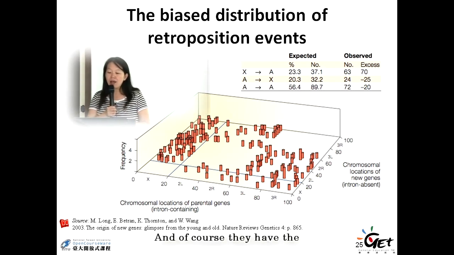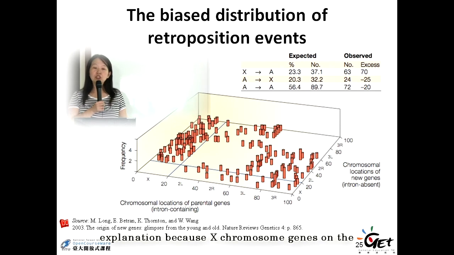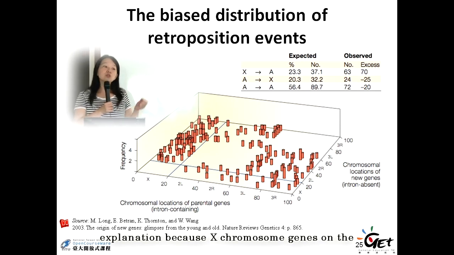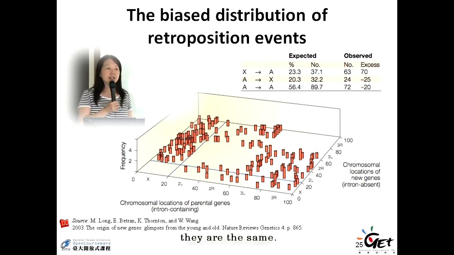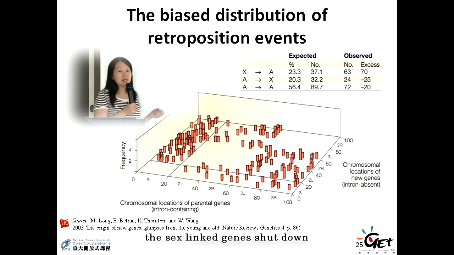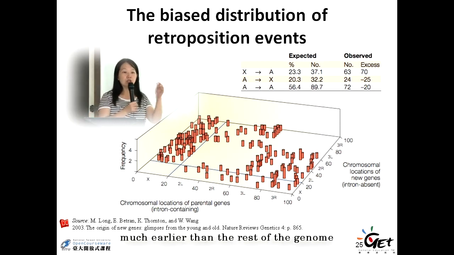And of course they have the explanation, because for genes on the X chromosome, in mammals and in Drosophila, they are the same. During gametogenesis, the sex-linked genes shut down much earlier than the rest of the genome.